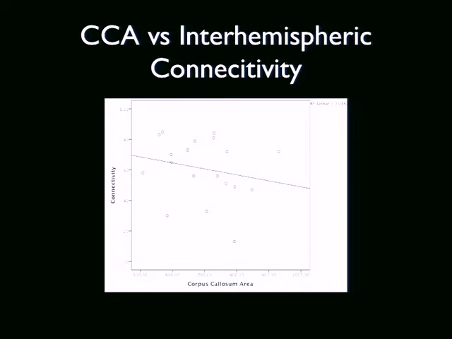In this case, we're looking at one seed to one homologous point. So we're looking at really just a finite connection compared to a more global corpus callosal area. So one approach is to broaden the functional connectivity, I think. The other approach potentially is to narrow the atrophy measures so it's more parcellated.